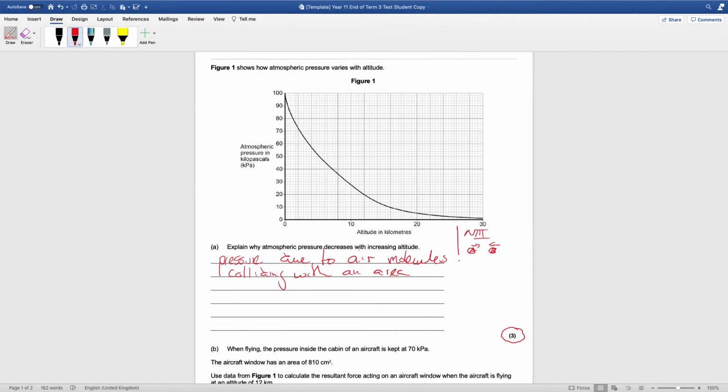It is the collisions with the walls of the container, the collisions with surfaces that cause the pressure. So pressure is caused by the air molecules colliding with an area or a surface.